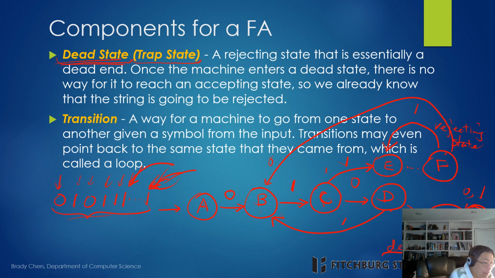The other component is called transition. It's a way for a machine to go from one state to another given a symbol from the input. So transition is defined just like a function.